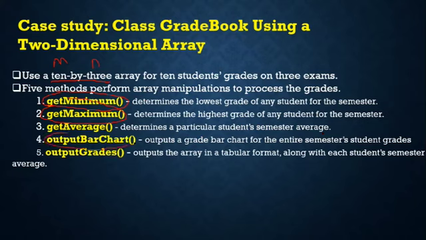And output bar chart outputs a grade bar chart for the entire semester's students' grades. And output grades outputs the array in a tabular format along with each student's semester average. So your program has 5 methods and a 10 by 3 array.